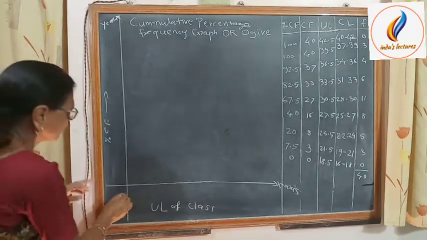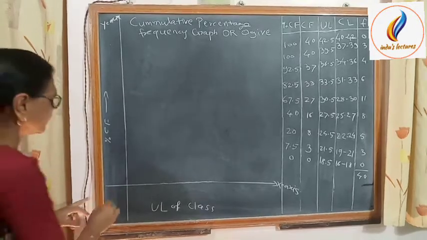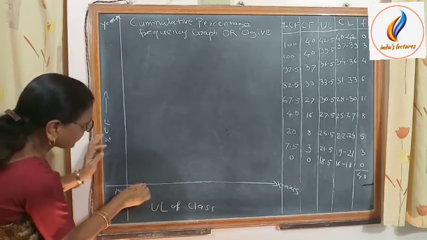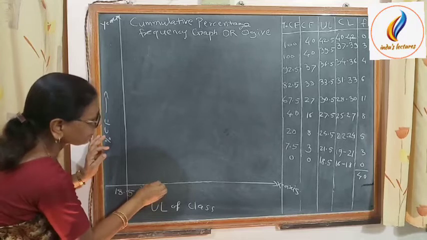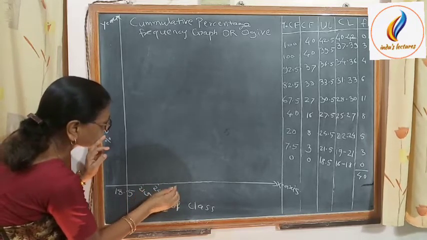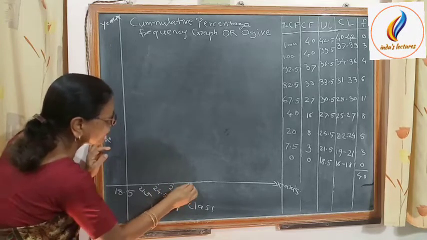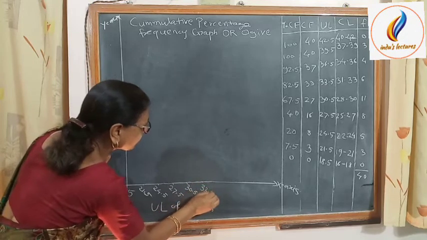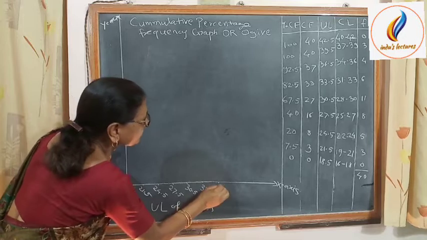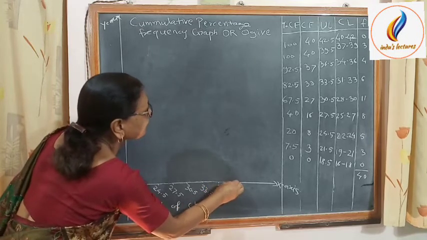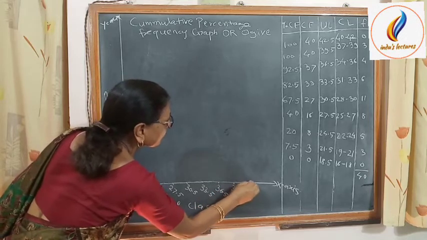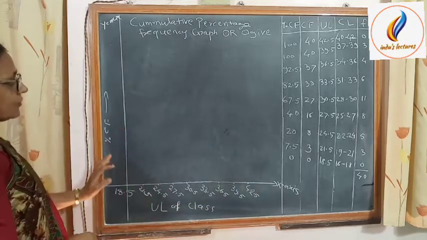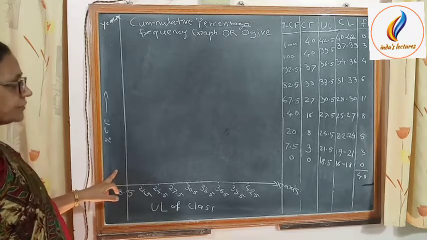So start from the point of intersection of the coordinate axes: 18.5, then the next point is 21.5, then 24.5, next one is 27.5, then 30.5, the next one is 33.5, then 36.5, then 39.5 and 42.5.